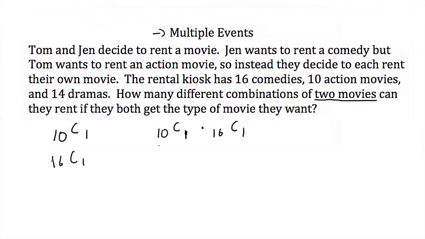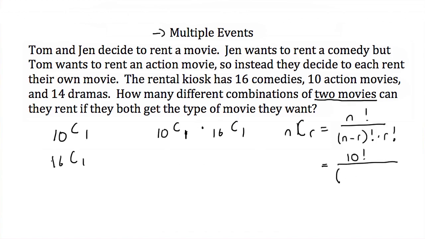Now we just have to solve for 10 choose 1 and 16 choose 1. If you plug that into our formula, nCr is equal to n factorial over n minus r factorial times r factorial. For Tom's choice, this is 10 factorial over 10 minus 1 factorial times 1 factorial. And if you calculate this out, this is equal to 10.